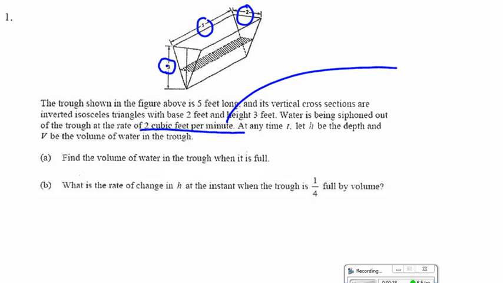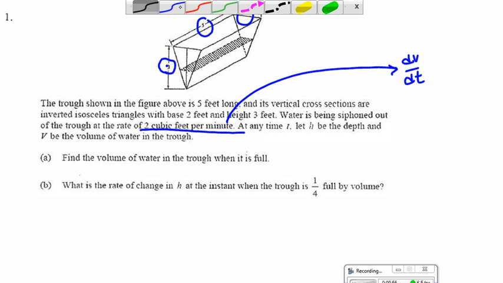Now this basically means dV/dt, so here dV/dt is equal to 2 cubic feet per minute.